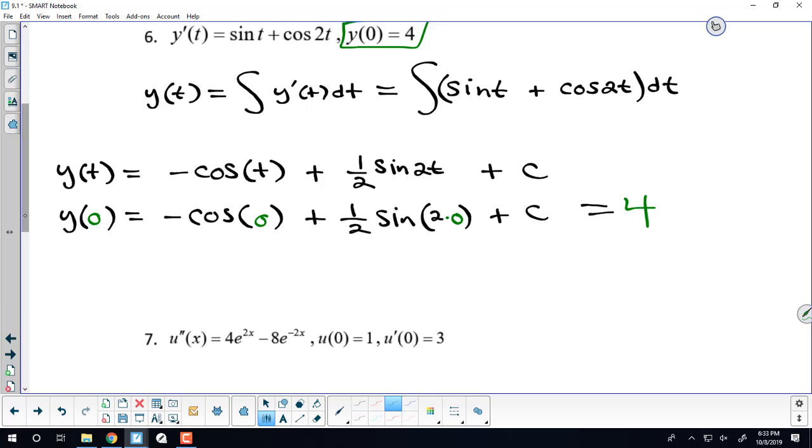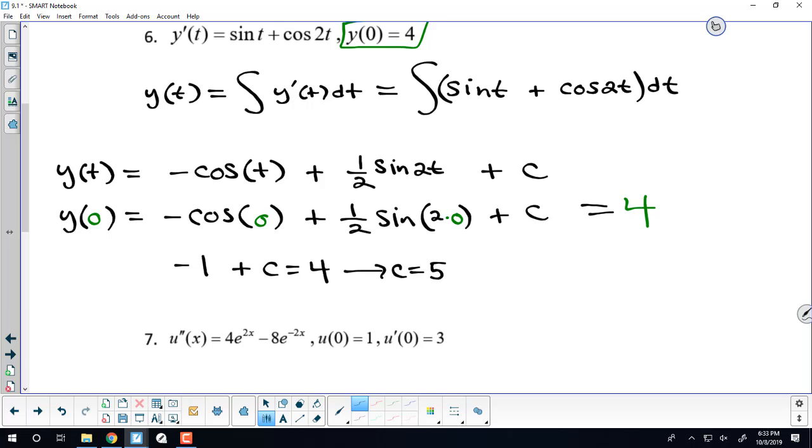We got a negative 1, and we've got a 0. So negative 1 plus c is equal to 4, which means c has to be 5. Oh man, we're in trouble. C equals 5. And then we plug that back into y of t to have the specific solution.